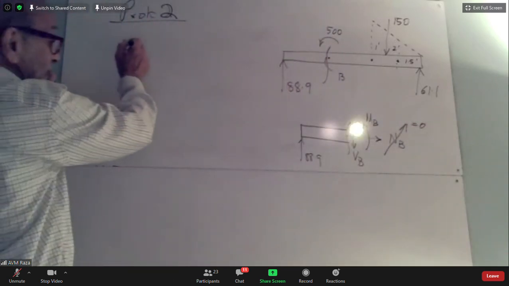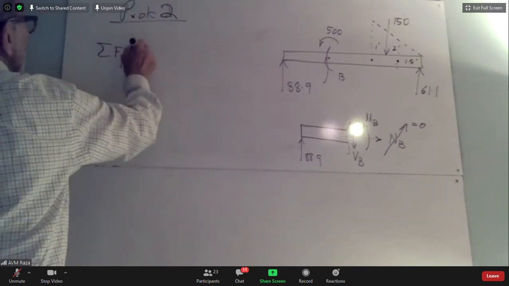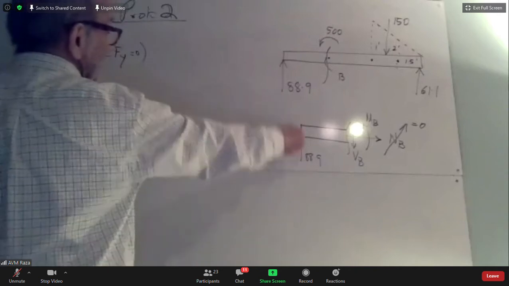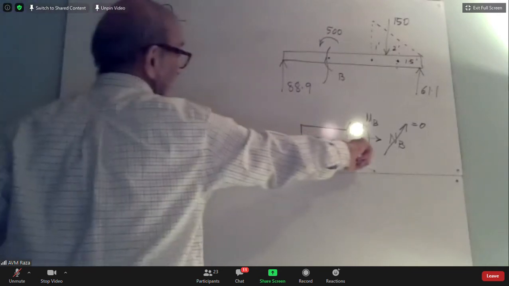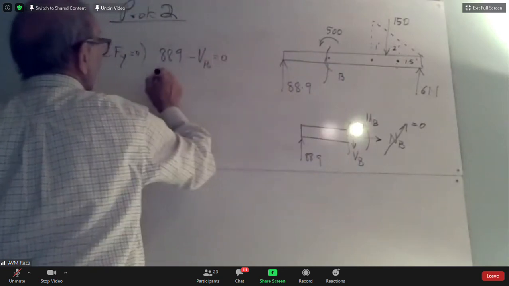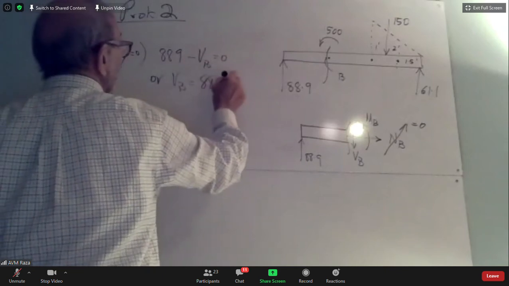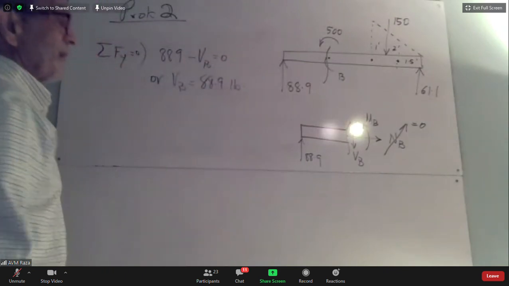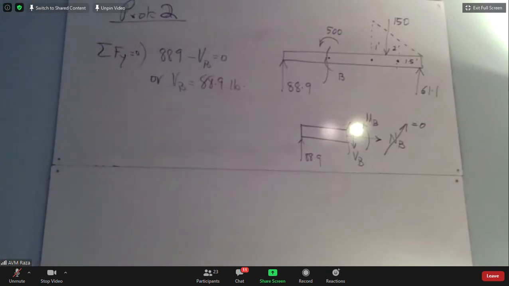And to find VB, we take the sum of forces in the y direction equal to 0. That gets me, this has the positive one, 88.9. This will be the negative one, minus VB equal to 0, or VB is equal to 88.9 pounds. We have found two of them actually. NB is 0, VB is 88.9.